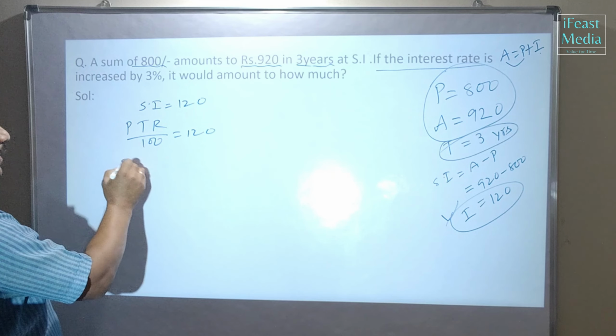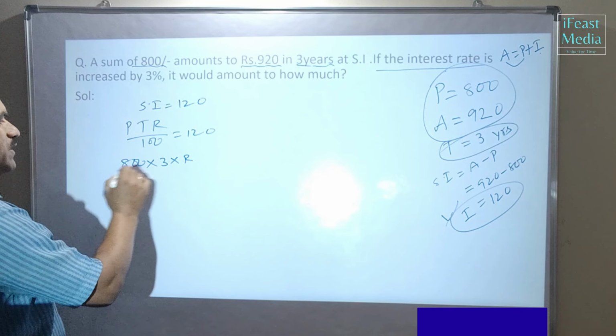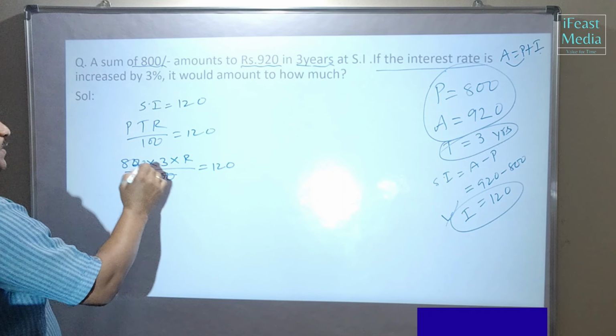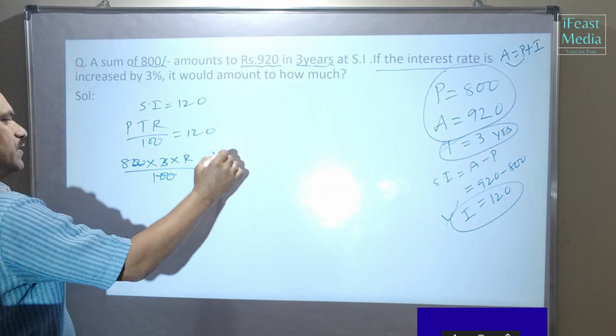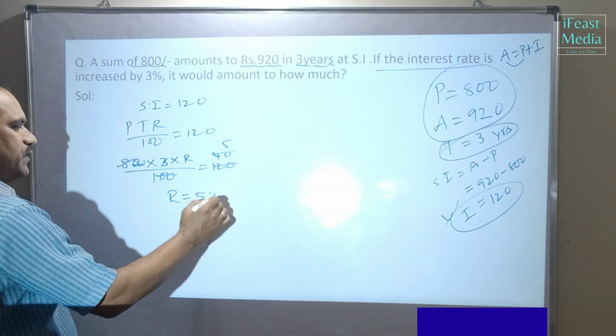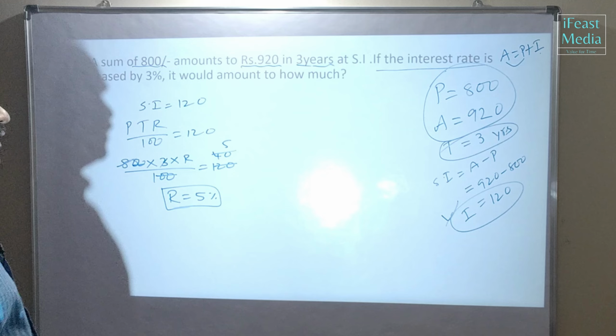P is 800, time is 3 years, rate of interest is unknown, by 100 equal to 120. So it is 40, 8, 5. So R equal to 5%.